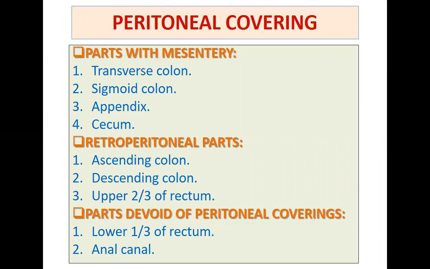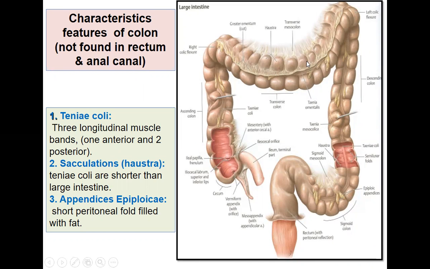Now coming to the peritoneal coverings of the large intestine. Just like the small intestine is covered by peritoneum, the large intestine is partly covered by peritoneum and partly not. The parts with a covering of peritoneum include the transverse colon. If you see here, this is the transverse colon, which has a fold of peritoneum.